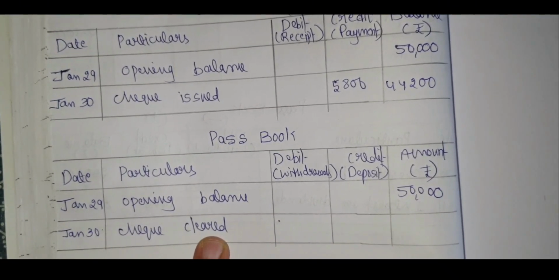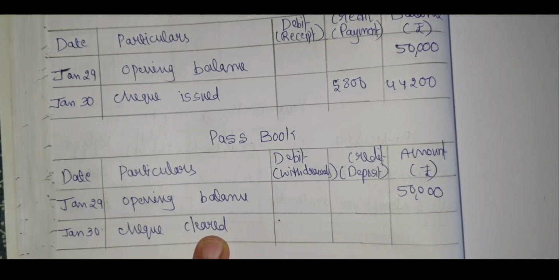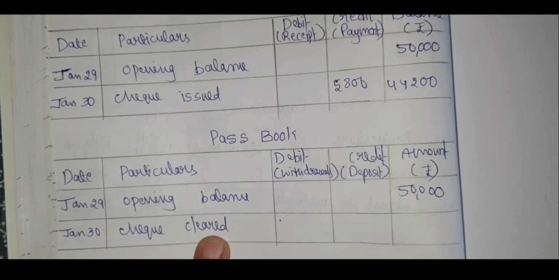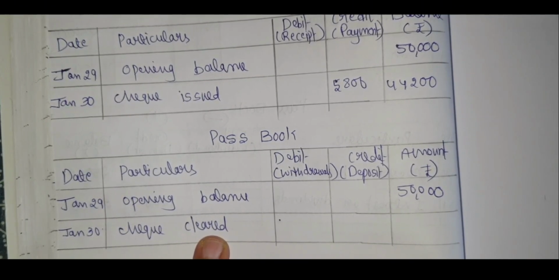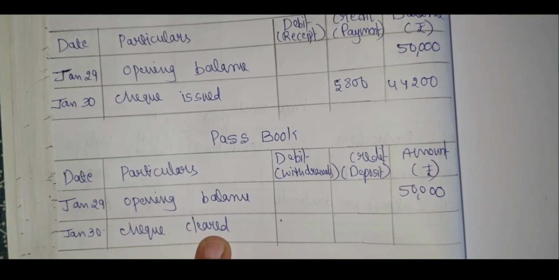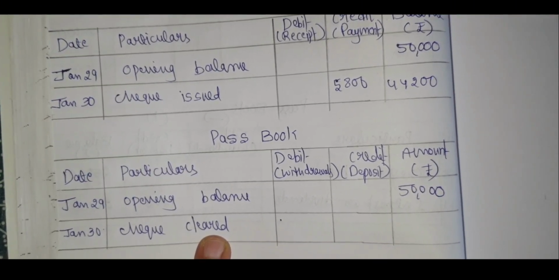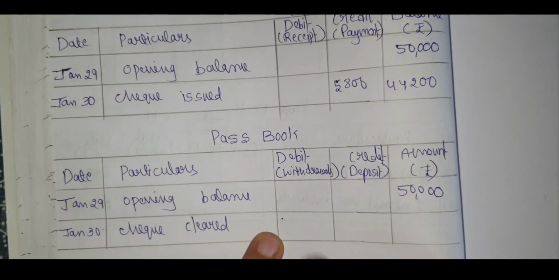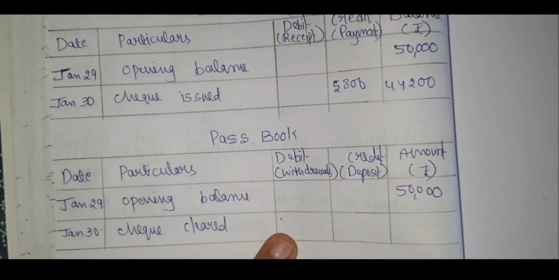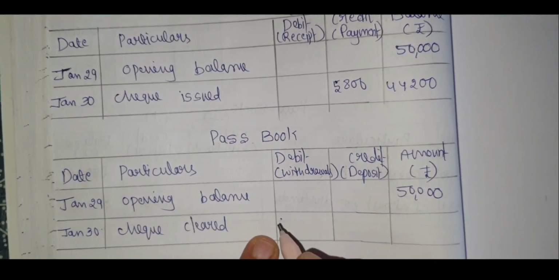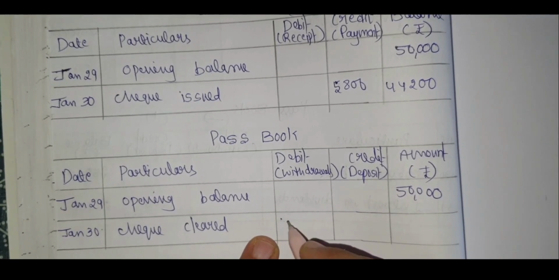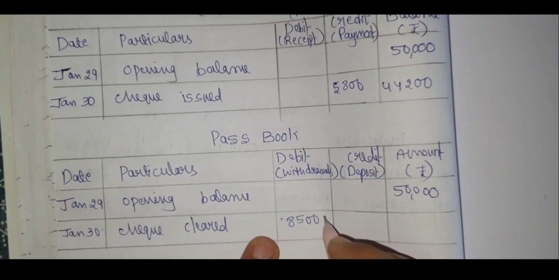Next, in the passbook, Jan 29th opening balance 50,000 and Jan 30th check cleared. Here we write down the actual amount. In the business the accountant made a mistake, rupees 5,800, but in the bank the check cleared with the amount of rupees 8,500. Where do we enter it? Exactly the opposite of the cash book: withdrawals on the debit side, that is rupees 8,500.